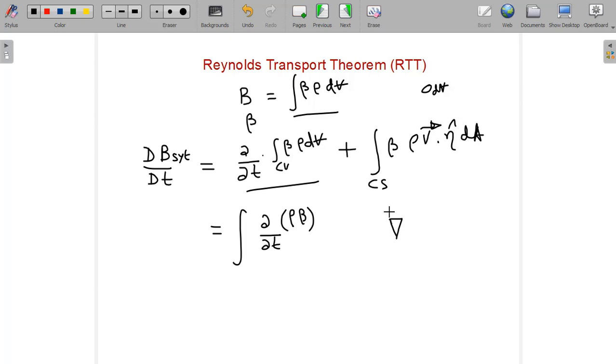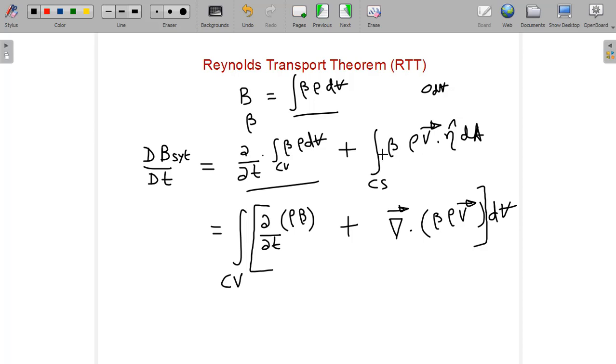As you know, to convert a surface integral into a volume integral, we can use the divergence theorem. If we apply it, this integration will become a volume integration, and we put it under the same integration sign, and this dV is taken common. Okay, and the whole integration is now the volume integration.